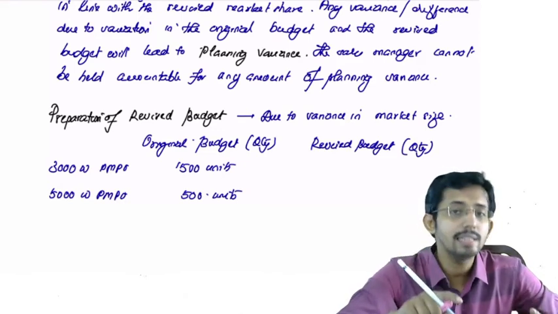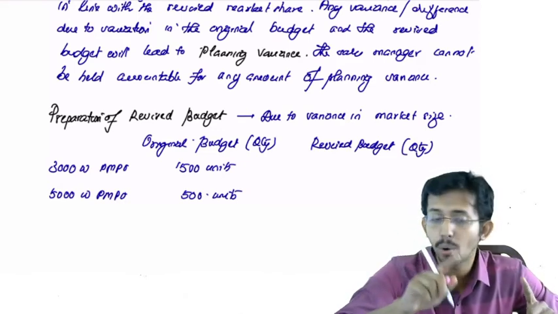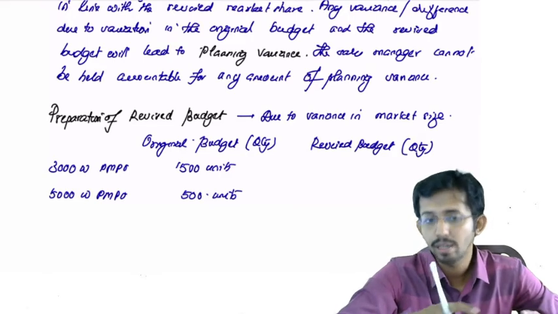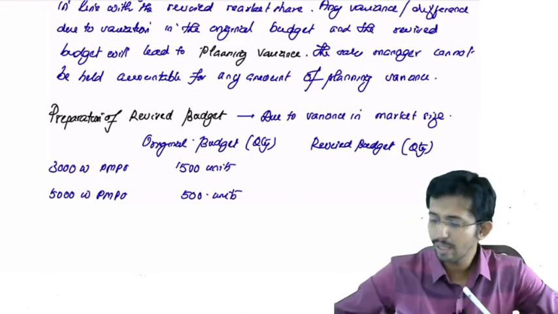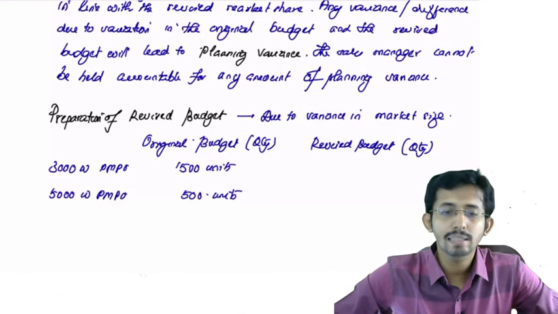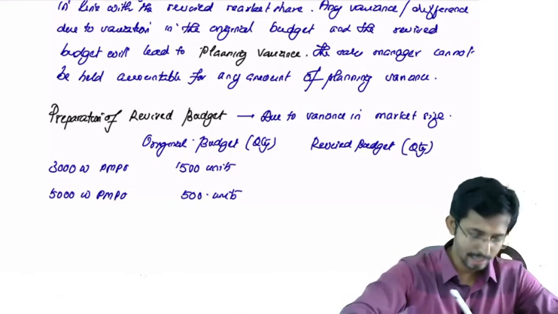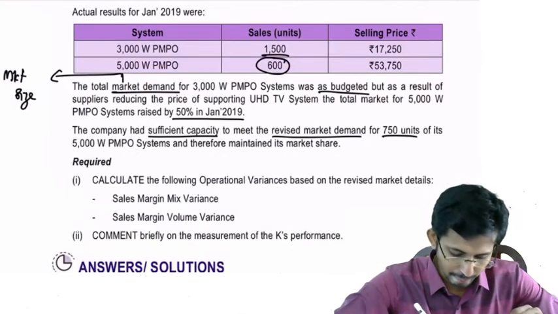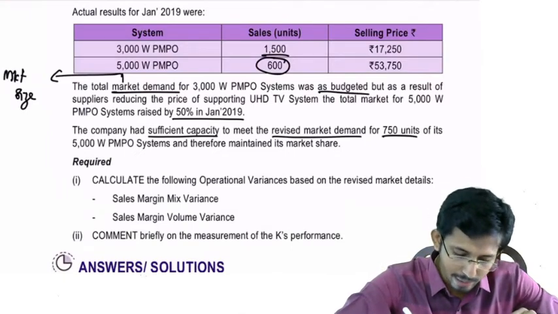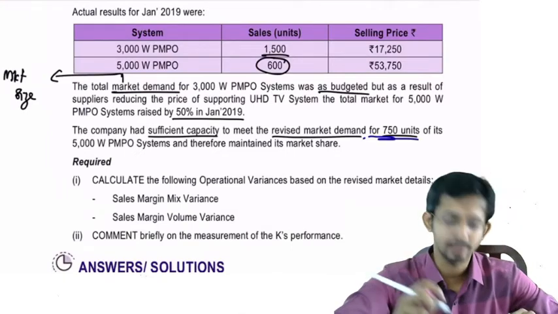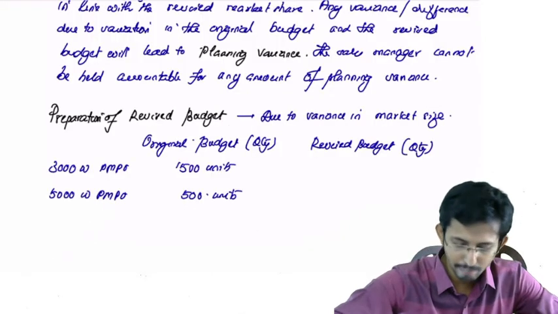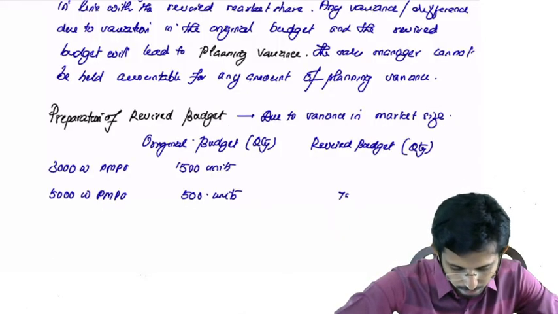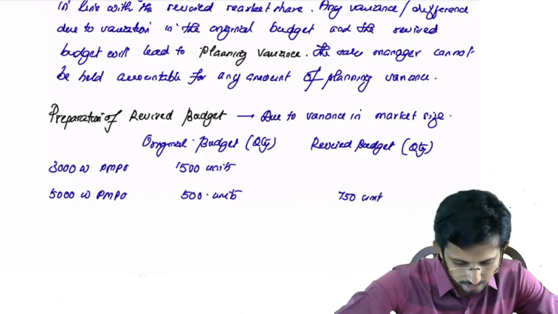The only change in market size is on account of the 5000 watt model, and this model's market share has increased from 5000 to 750 units. That is the last sentence they are giving. Okay, the company had sufficient capacity to meet the revised market demand for 750 units. So the revised budget should be 750 units.